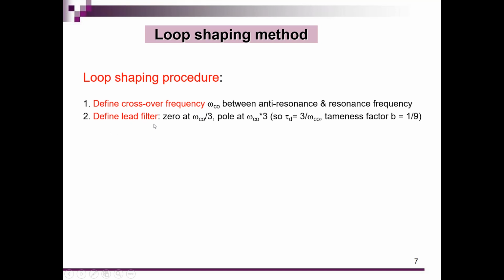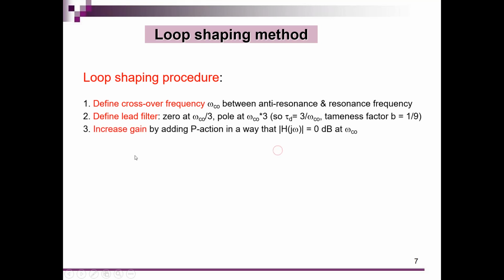So a lead filter is a tamed D controller, and for that lead filter we define a zero at the crossover frequency divided by 3, and we define the pole of that lead filter at a frequency which is equal to the crossover frequency times 3. So we can also say that tau d of my lead filter is equal to 3 over omega crossover, and we have a tameness factor b of 1/9.